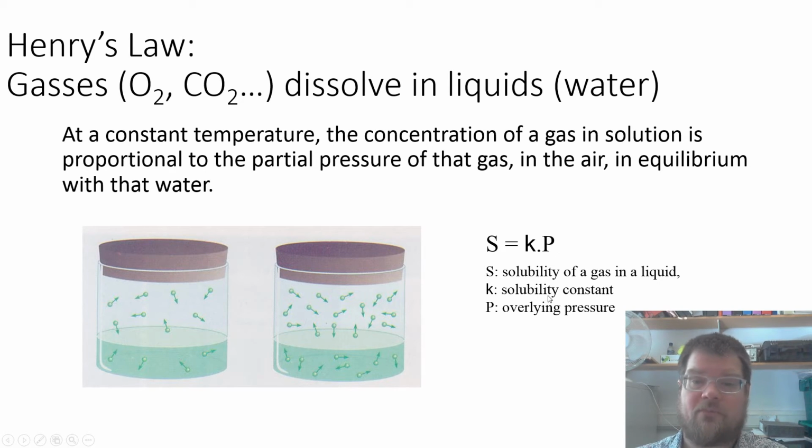This is the pressure of the gas times the proportion of that gas, which is the gas we're interested in. So if we're looking at the atmosphere and CO2, it would be 1 atmosphere of pressure times the proportion of the atmosphere which is made up of CO2.